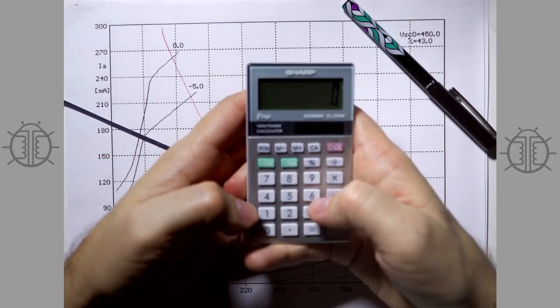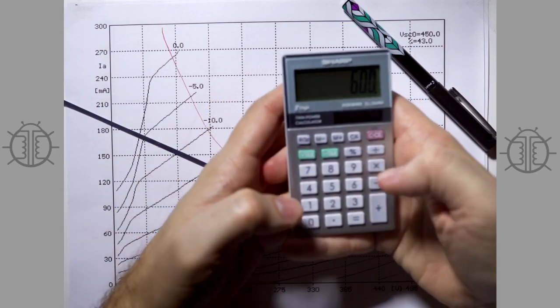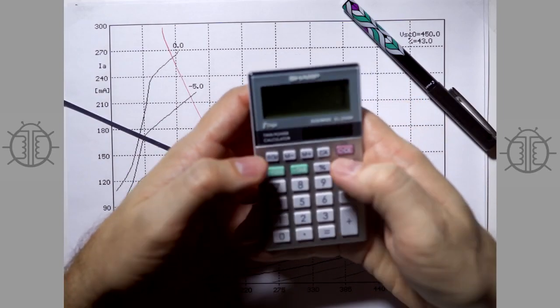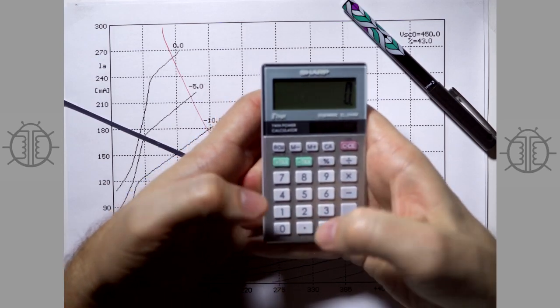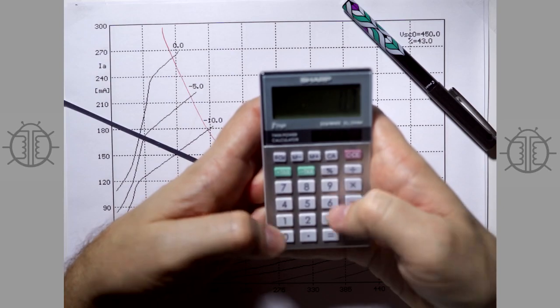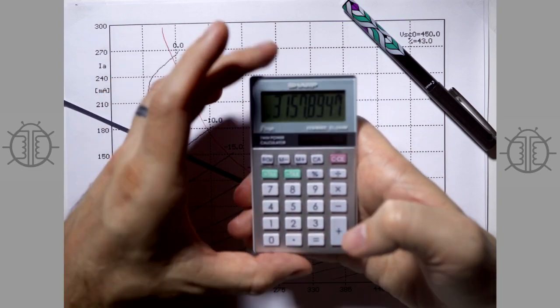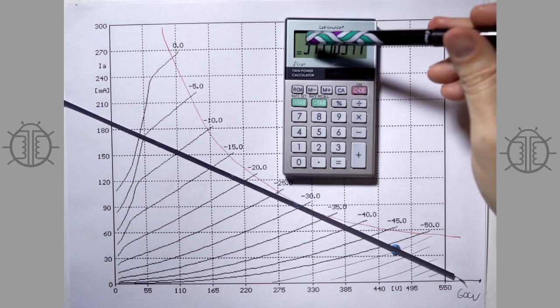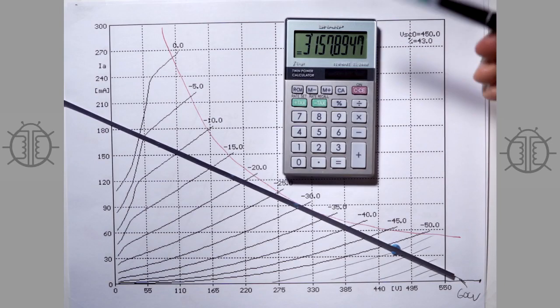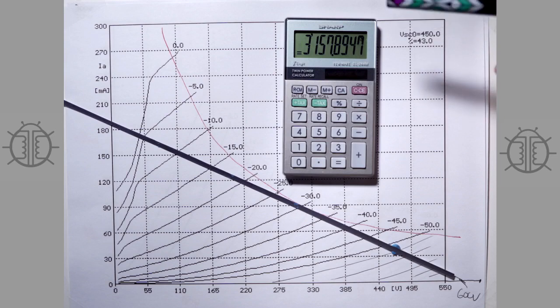So we'll do 600 divided by 0.19 equals. All right, so we can see that we've got a load line here for 3K about, and so that's going to be a 6K plate to plate.